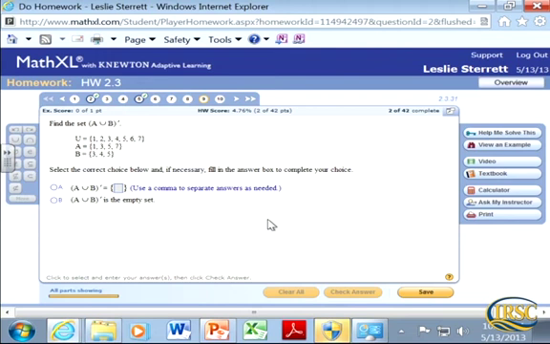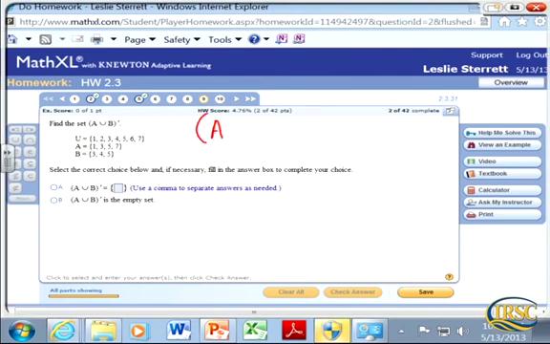Okay, so here's a notation that can be a little bit more complicated. You have the universal set is 1, 2, 3, 4, 5, 6, 7. Set A is 1, 3, 5, 7. And set B is 3, 4, 5. So they want you to find this.